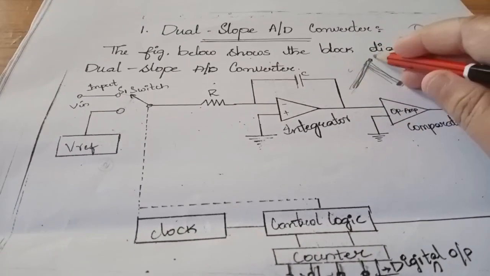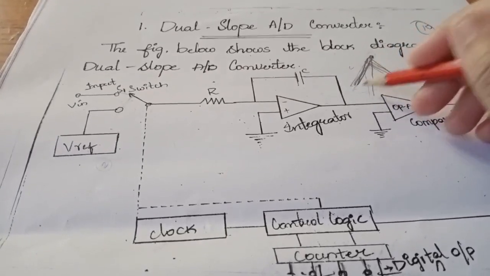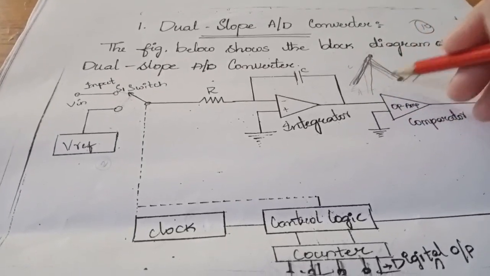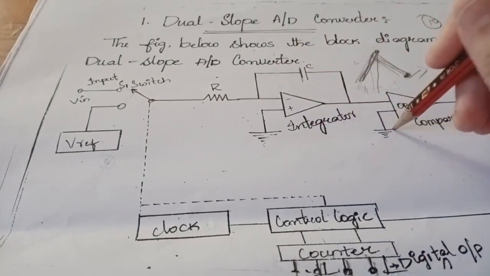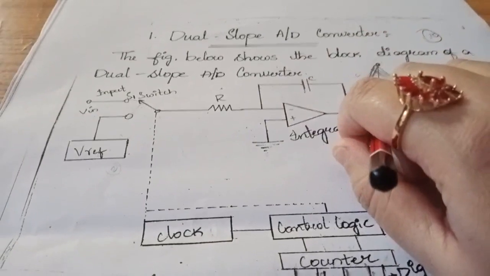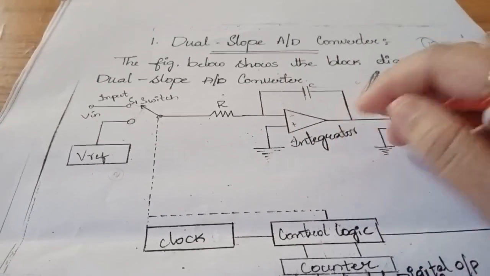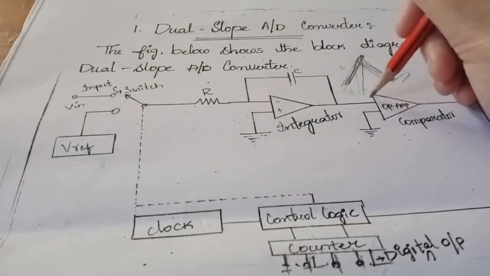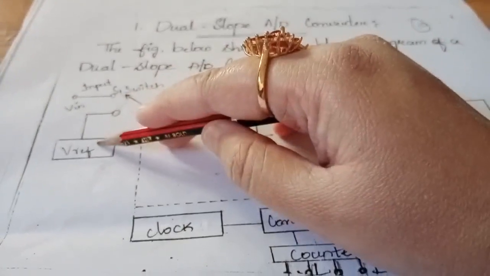After the time period of T1, the control logic switches the integrator input to the reference voltage. This is T1 and this is T2.